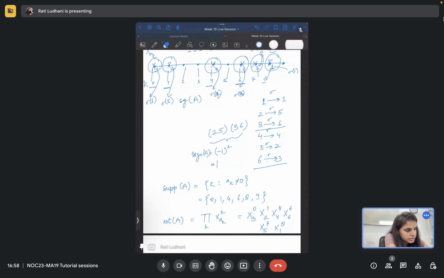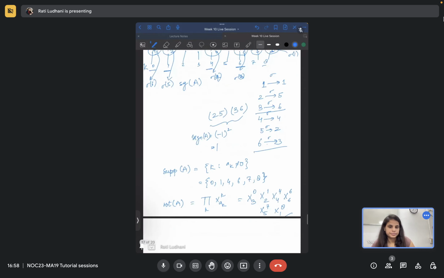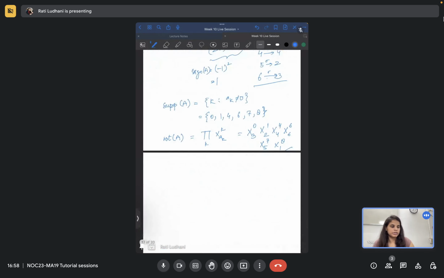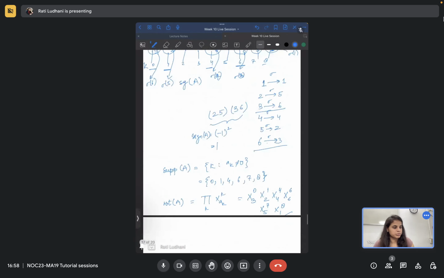So the positions are 0, 1, 4, 6, 7 and 8, and 7 will also come. Here it is already there, right? Yes, ma'am. So this is how we get weight and support.